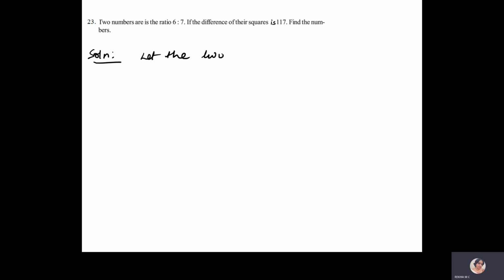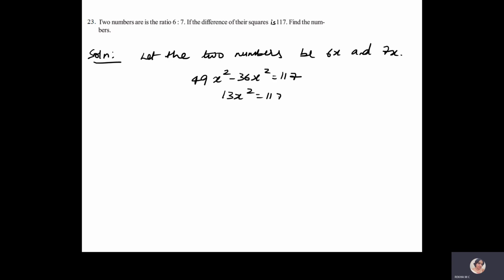Let the two numbers be 6x and 7x. If the difference of the squares is 117, that is 49x square minus 36x square is equal to 117. That is 13x square is equal to 117.